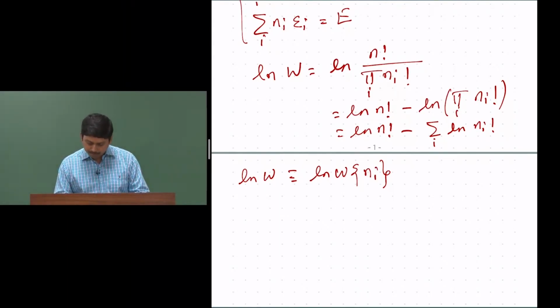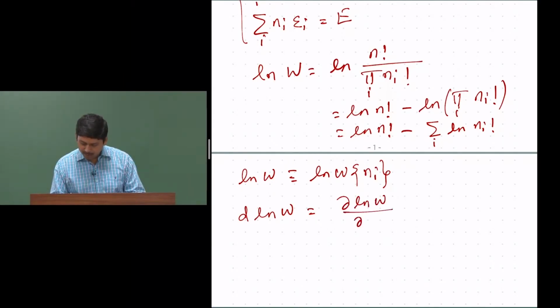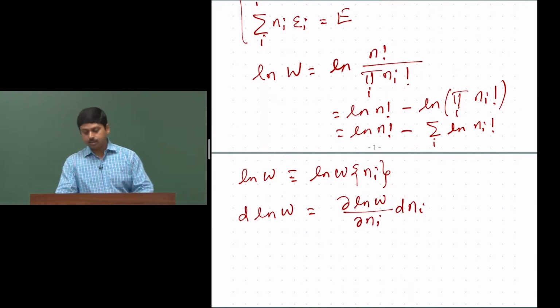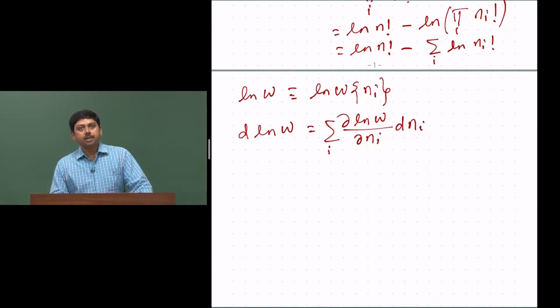So, we can write the differential of ln W, as you have seen for any differential quantity when it is a function of multiple variables, as del ln W by del ni d ni. Now, since there is a sum over that, we can put a sum over i. In order to satisfy the constraints, there is a method called the Lagrange method of undetermined multipliers, which means that you have to multiply those constraints by some constants, and we can maximize the quantity.